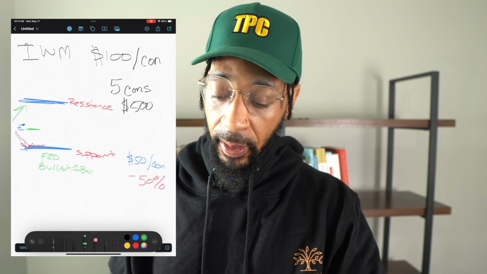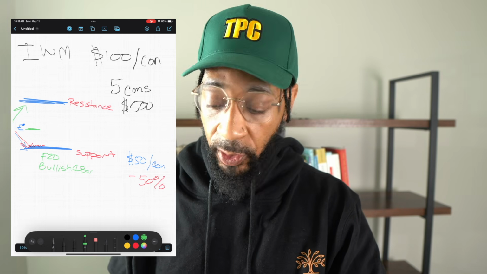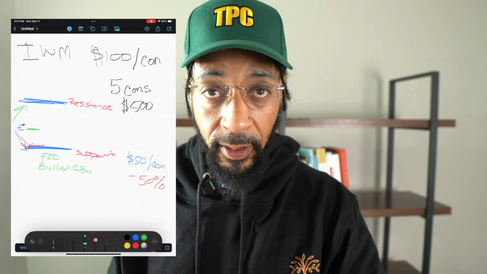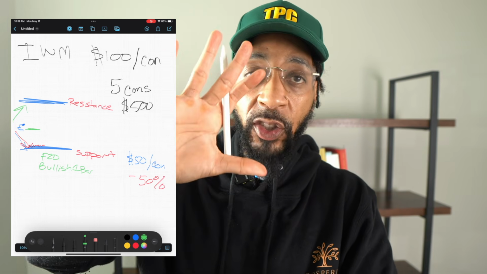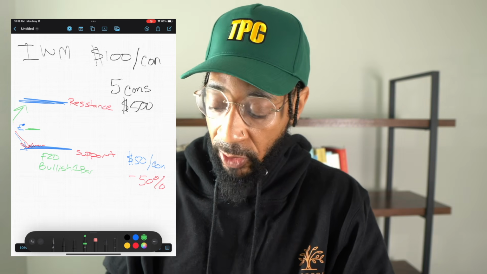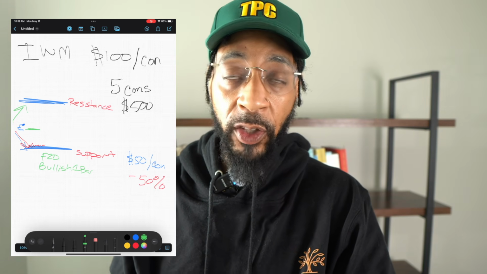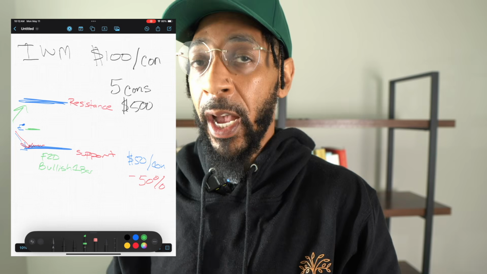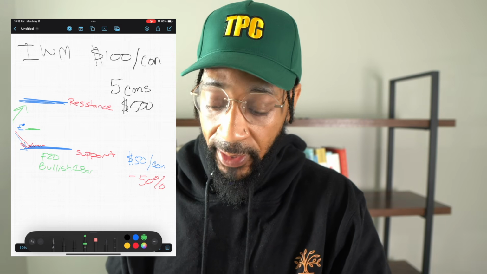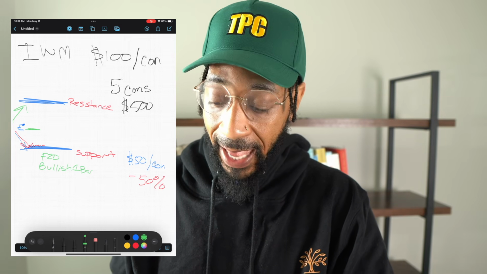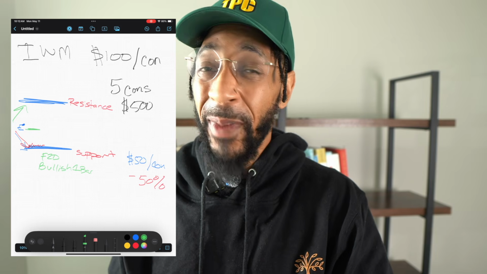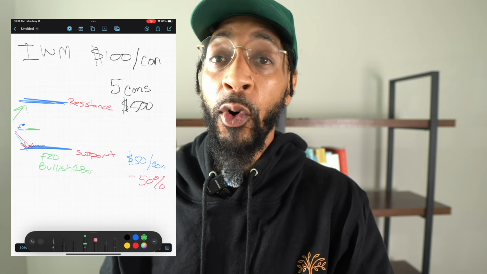But how do you add? You don't add one contract. If you got 5 contracts and the contracts are now worth $50 per contract and you got in at $100 per contract, you need to add at least, at the bare minimum, 5 contracts, if not more.